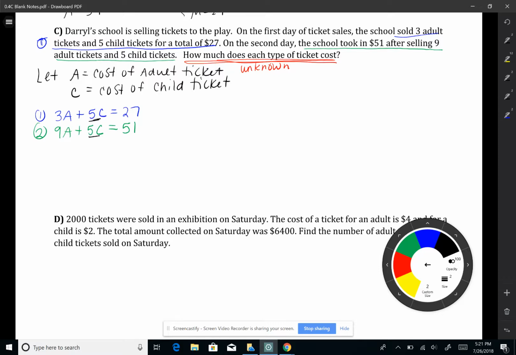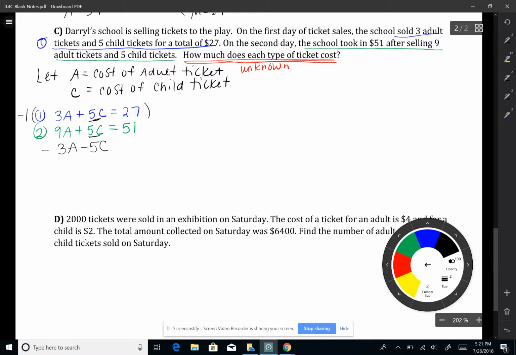So because both the C's coefficients are 5 and I want them to be opposite, I'm going to multiply by -1 on one of them. I'll just do the top one and write the new equation down here. -3A minus 5C equals -27.